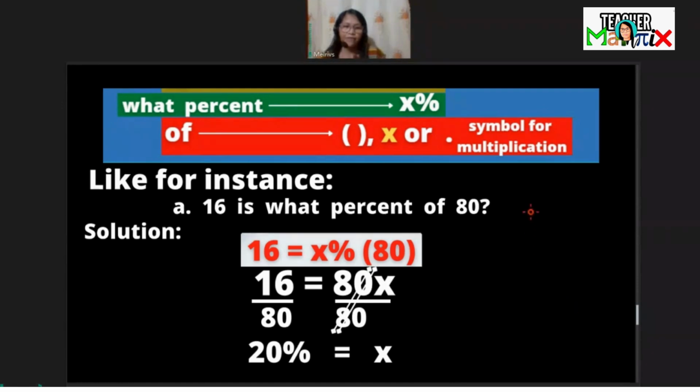Okay, let me divide 16 by 80. Okay. You cannot divide 16 by 80. So all we have to do is add 0. Okay, add 0, but with decimal point.